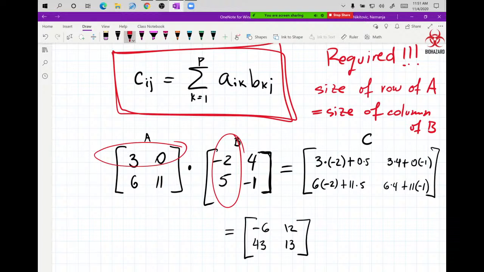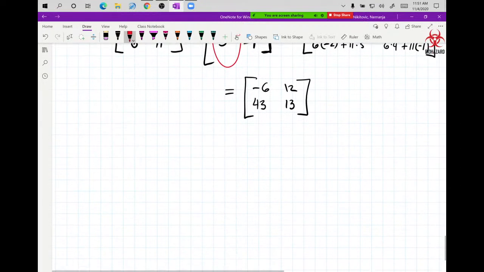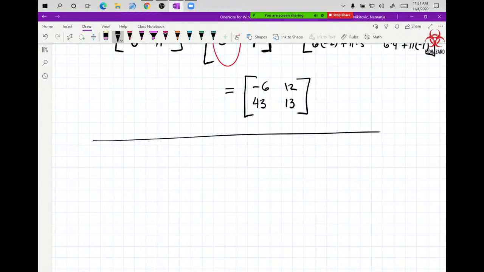Now that is much easier to visually determine than to even write or even understand the requirement over there. When I have two matrices, A times B, I need them to match the middle number.